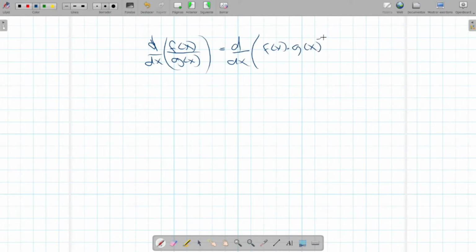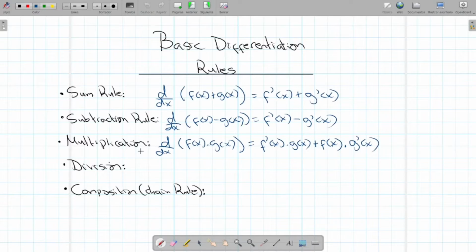So sometimes in a division I use the multiplication rule with the denominator written to the power of -1. Sometimes it's easier for me to do it this way, and sometimes I use the rule that I'm going to give you here, which you should also learn. When do I do each thing? Well, I'll record some videos on multiplication and division with examples, and you'll see.